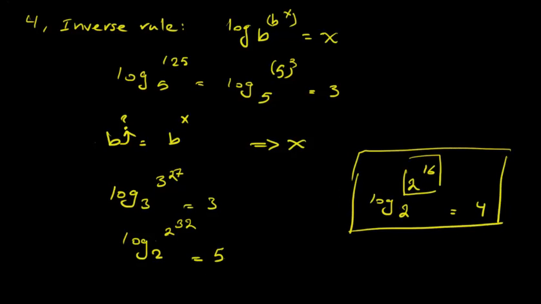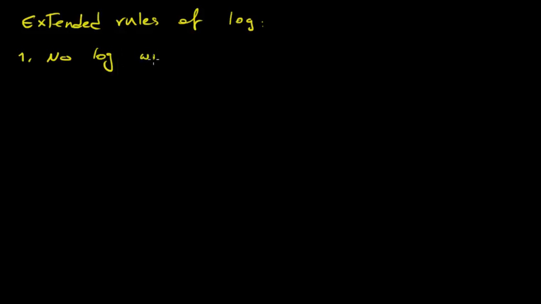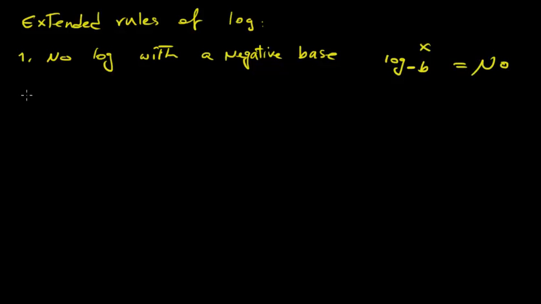Except these 4 rules, there are also other extended rules of log that we need to know. First, we don't have a log with a negative base. So we don't have log of x with base minus b. No, we don't have such a thing.